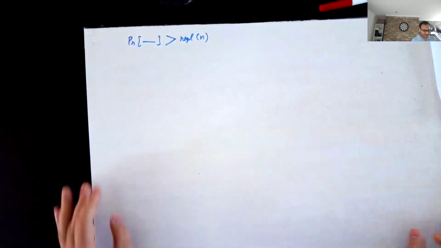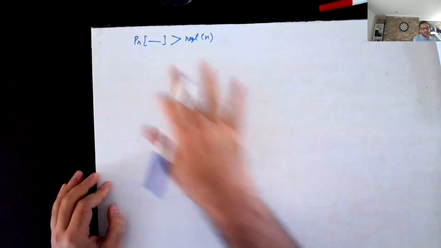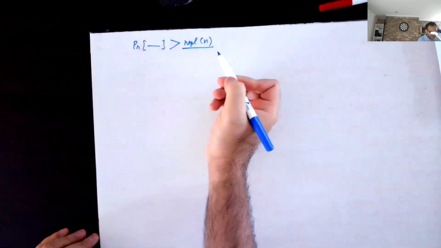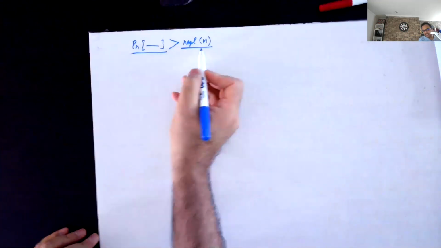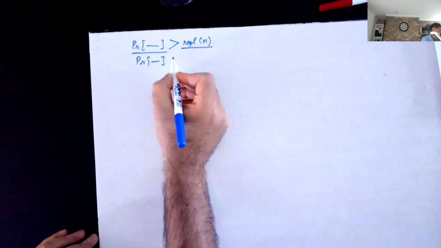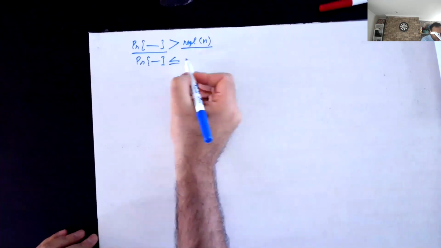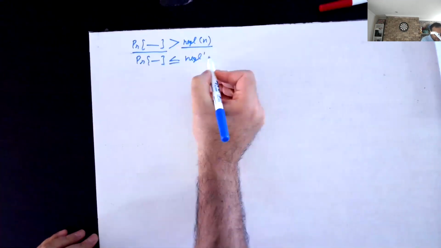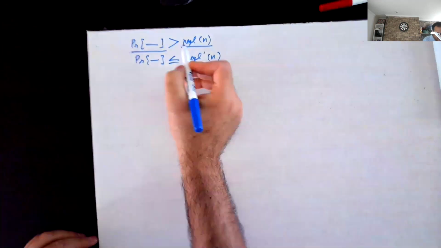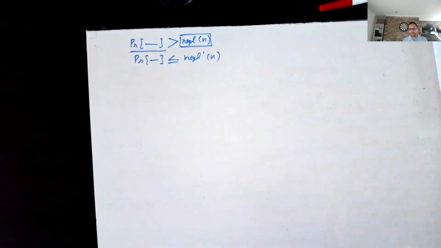So what does this mean? This doesn't mean that the probability automatically becomes noticeable. This just means that there exists a negligible function such that your probability is greater than this negligible function. But it is still possible that this probability is still less than or equal to another negligible function, negligible prime n. When we write negligible of n, it just denotes some negligible function.